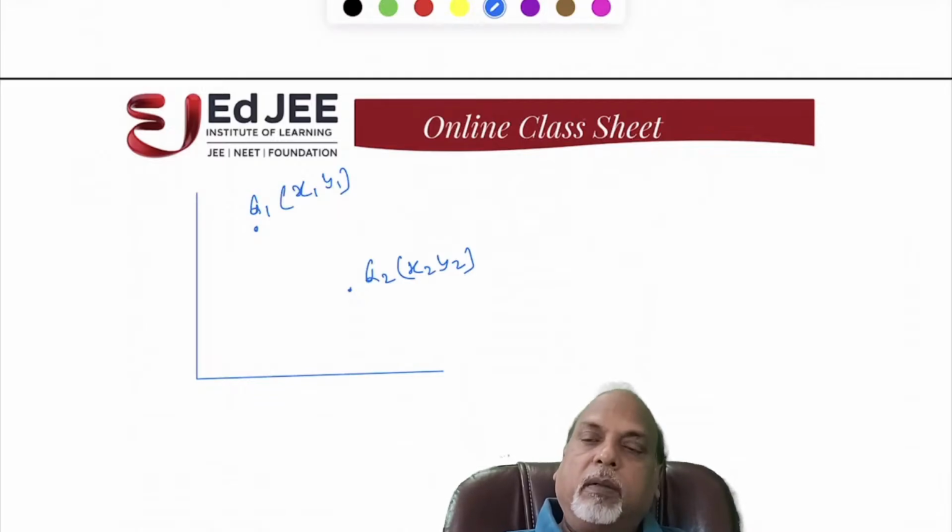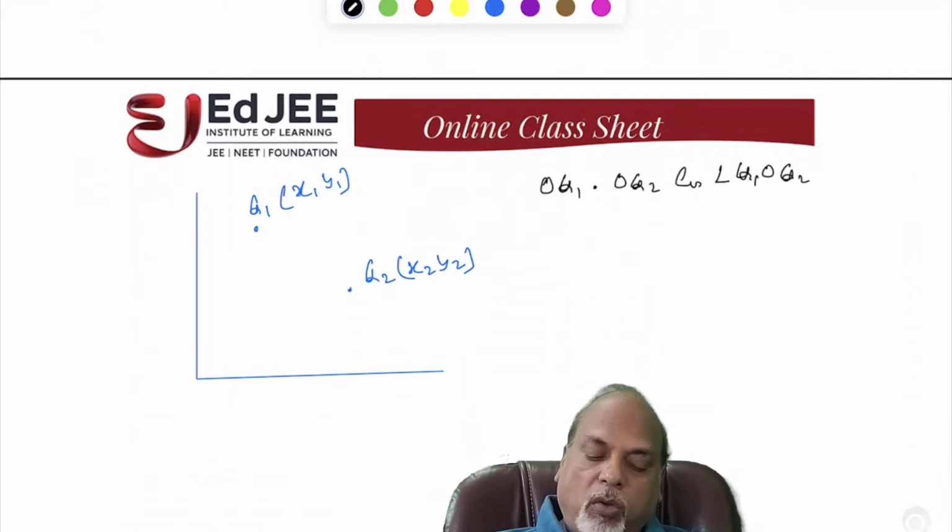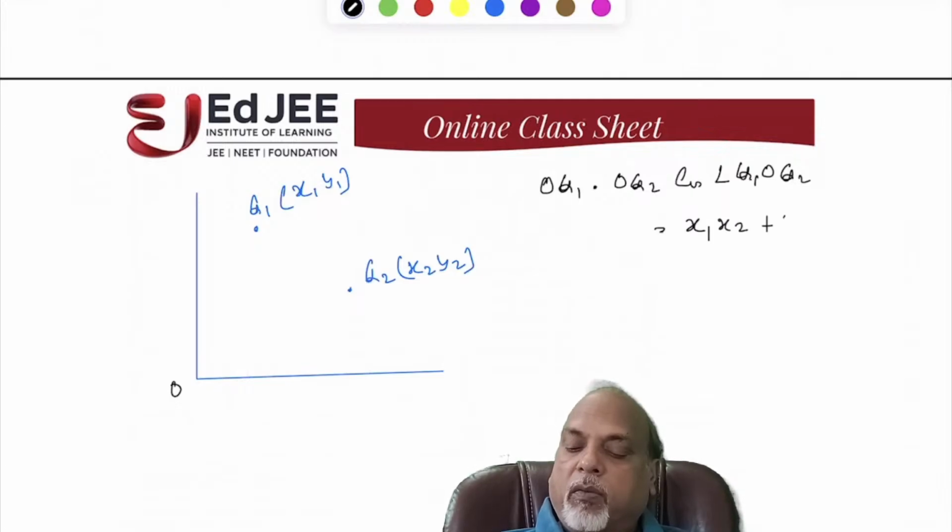Correct? Then you have to prove this identity, that is OQ1 dot OQ2 cos angle Q1 O Q2, O is nothing but your origin, equal to x1 x2 plus y1 y2.